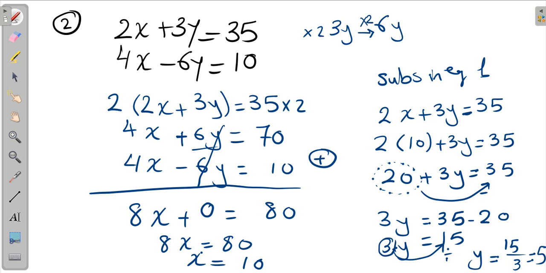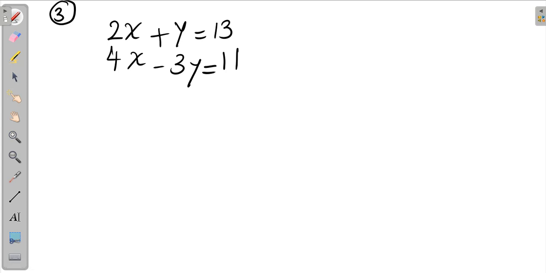The next two examples are the same idea. Okay, try to solve it, pause the video and check with me. 2x plus y equal 13 and 4x minus 3y equal 11. Okay? Assume you paused the video and solved, and you are checking now.